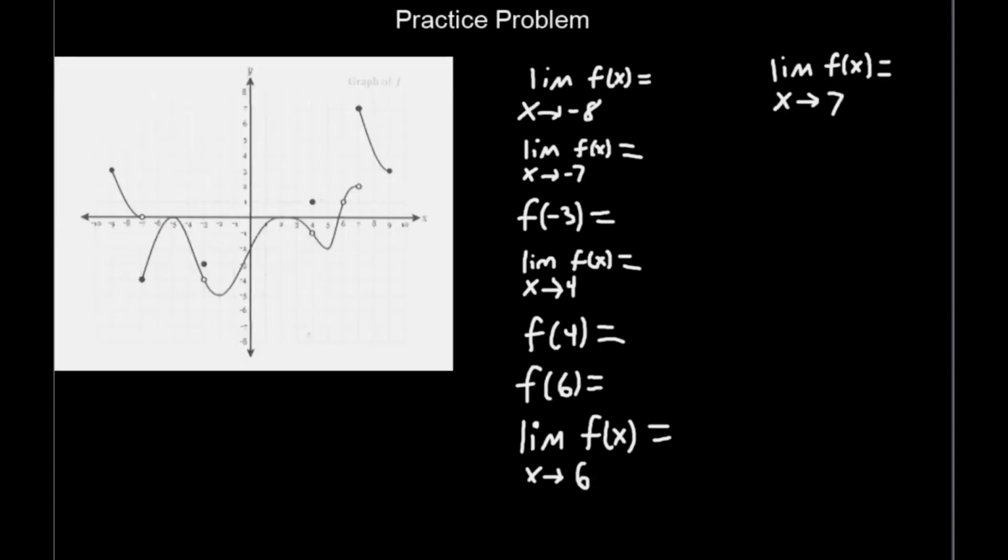Okay, now here is our big practice problem. So here's our graph. It's not the greatest quality, but it's a graph nonetheless. So we are asked to find the limit of f of x as x approaches -8. So here is -8 on the x-axis right here, and we're trying to find the y value from the left side and the right side.